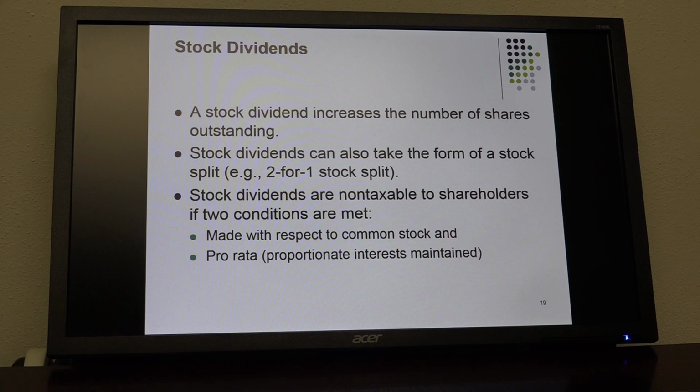So in a 2-for-1 stock, if I own 50 shares, and I get 50 more after the stock dividend, I have 100 shares. Let's say you own 100 shares. After the 2-for-1 stock, I own 200 shares. We're still in the same boat proportionally.